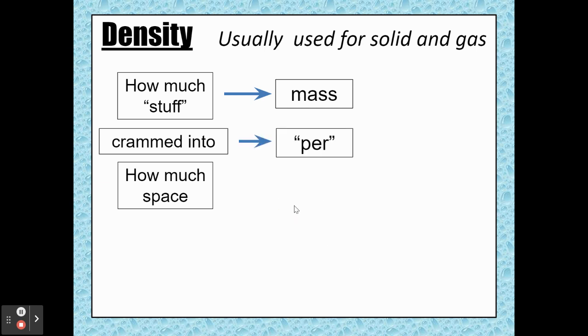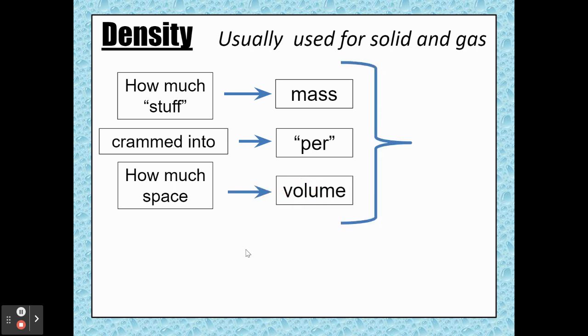The crammed into is going to be the per part, and we'll see that in a moment. So it's going to be mass per volume. Density is mass per volume. The per means that we are dividing mass over volume.